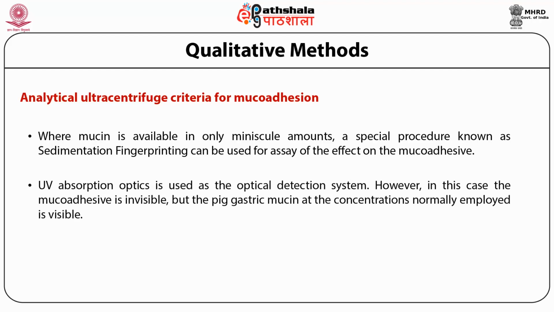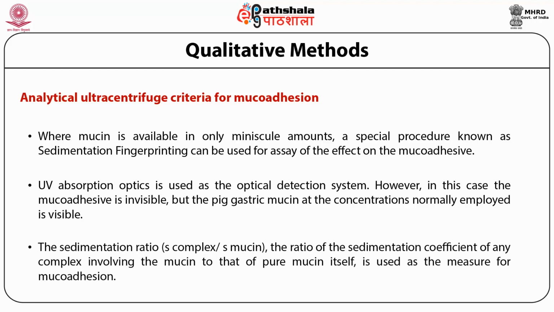UV absorption optics is used as the optical detection system. However, in this case, the mucoadhesive is invisible, but the pig gastric mucin at the concentrations normally employed is visible. The sedimentation ratio given by S complex divided by S mucin, the ratio of the sedimentation coefficient of any complex involving the mucin to that of pure mucin itself, is used as the measure for mucoadhesion.